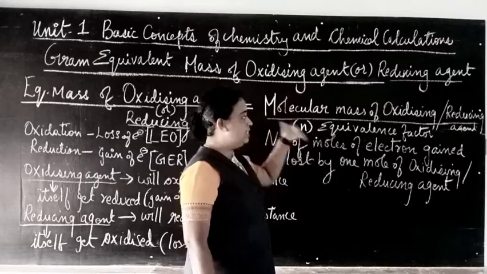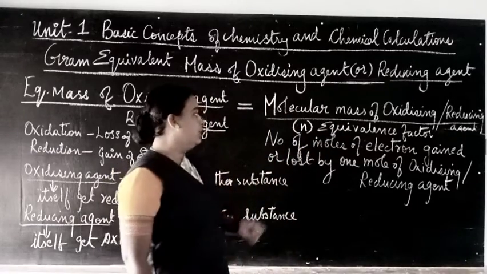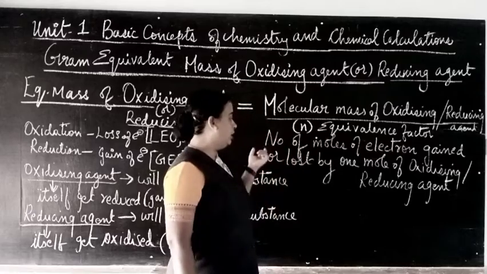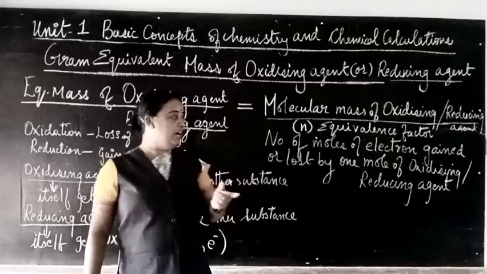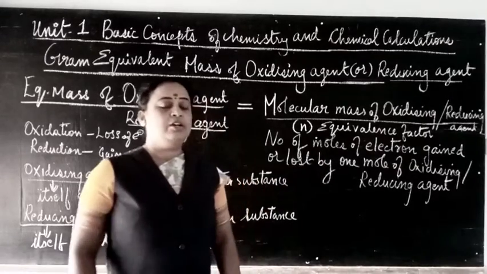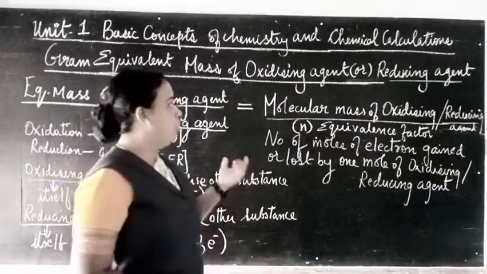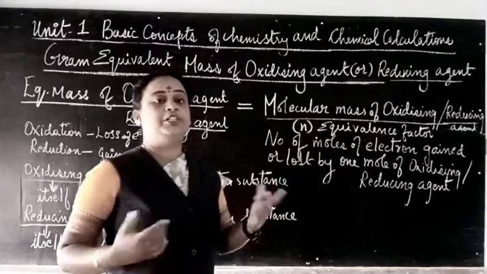If you are calculating the equivalent mass for a reducing agent, the equivalence factor will be the number of electrons lost by 1 mole of reducing agent. So depending on the oxidizing agent or reducing agent, the equivalence factor also changes.